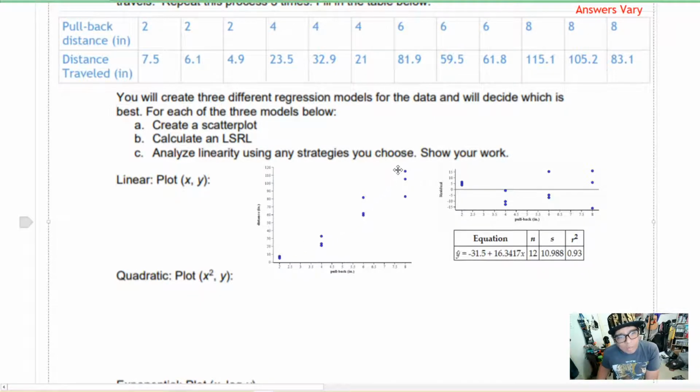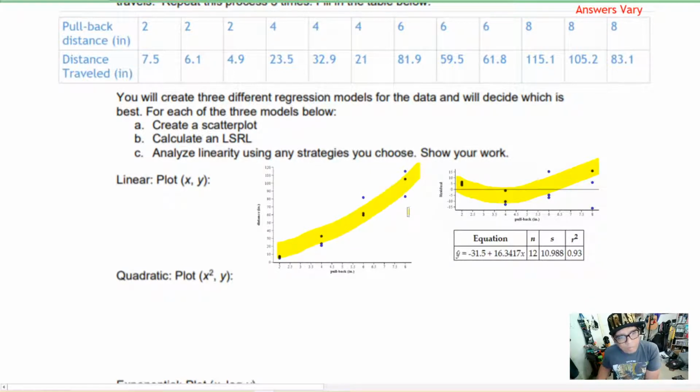Except I kind of see a little bit of a curve, especially if I follow the top dots in the scatter plot. Also, here in the residual plot, you can see a little bit of curve going on there. Okay, so this may or may not be the best model, the linear model.